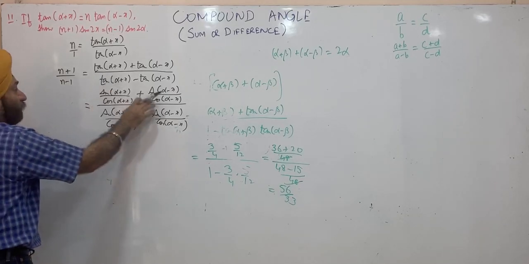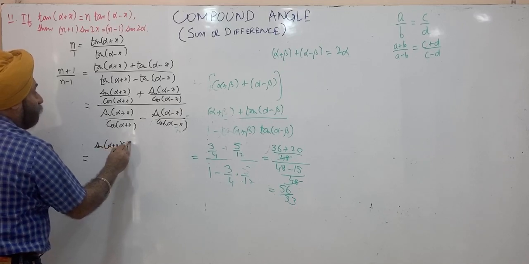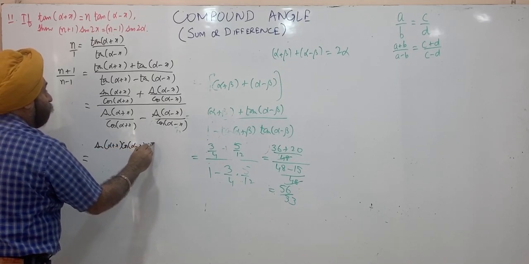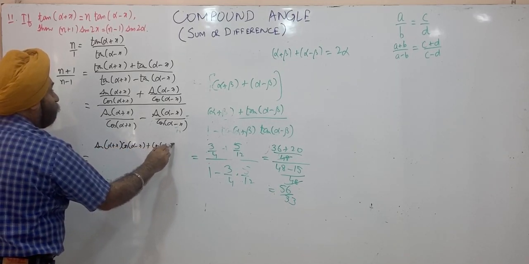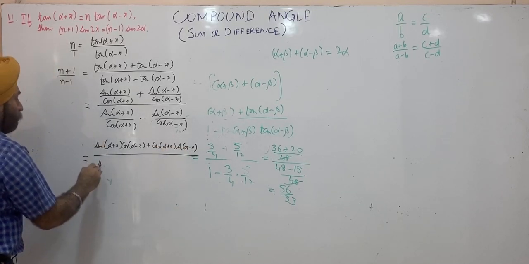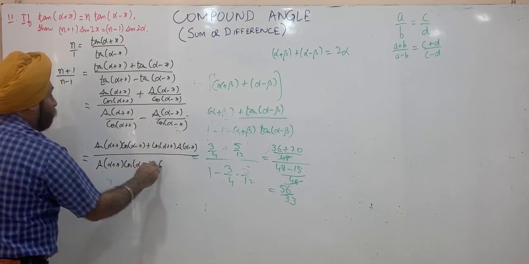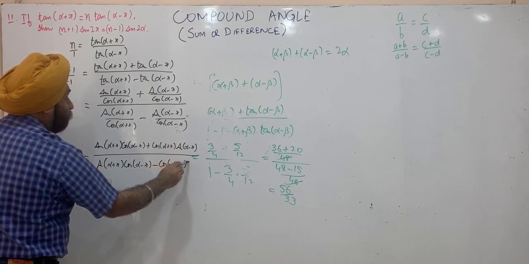We have this into this. That is sin of alpha plus x into cos of alpha minus x plus cos of alpha plus x into sin of alpha minus x. The denominator is sin of alpha plus x into cos of alpha minus x minus cos of alpha plus x into sin of alpha minus x.